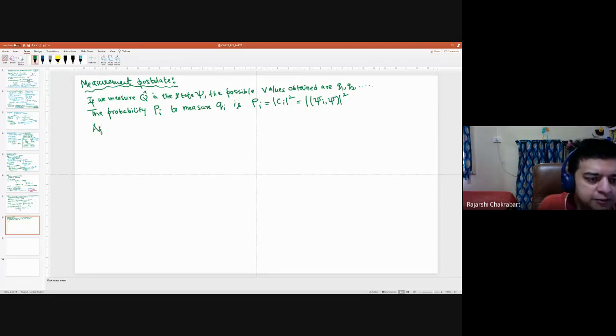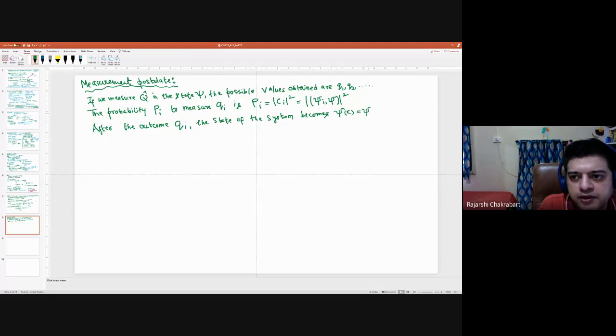and it says that after the outcome, say Qi, the state of the system becomes psi of x equal to psi_i of x, and this is called nothing but a name to this.